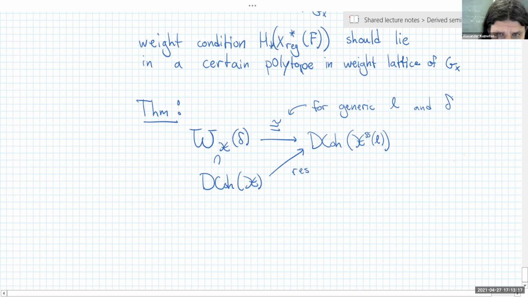And do you assume the self-duality of the cotangent complex here? Yes.